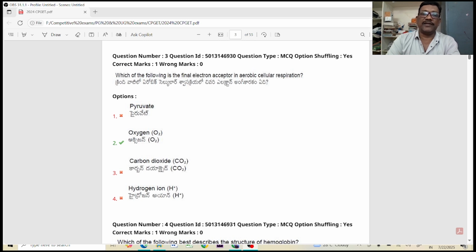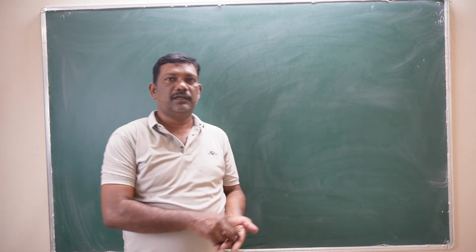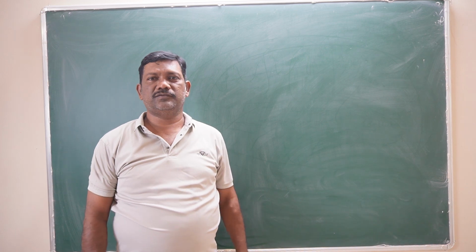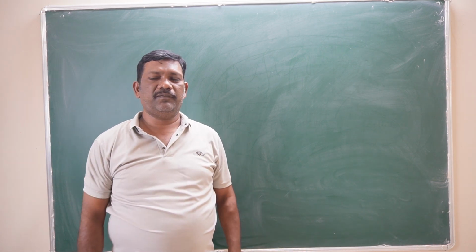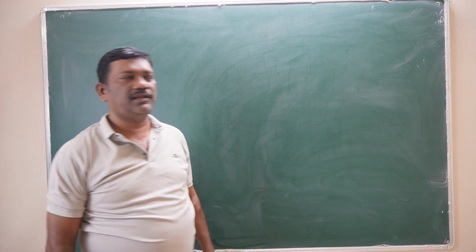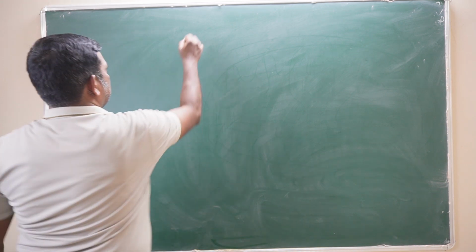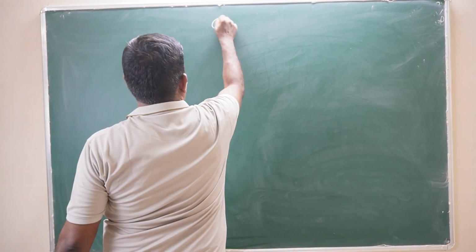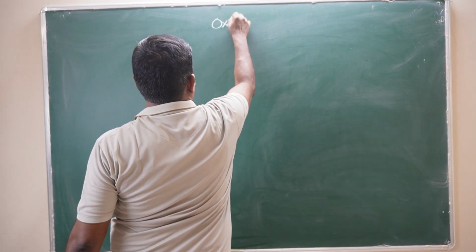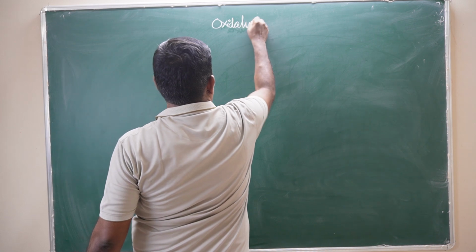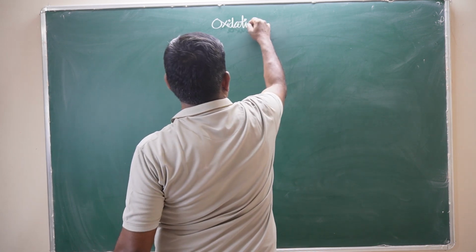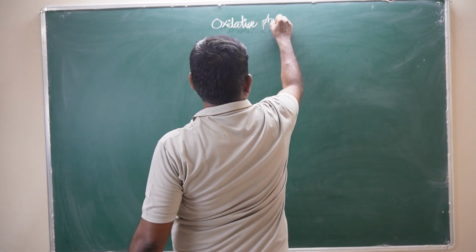But we have to go into the details. So we have to elaborate our discussion about cellular respiration. In cellular respiration, we are concentrating on oxidative phosphorylation. What is phosphorylation?